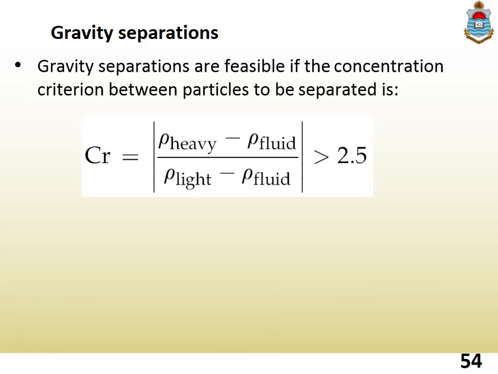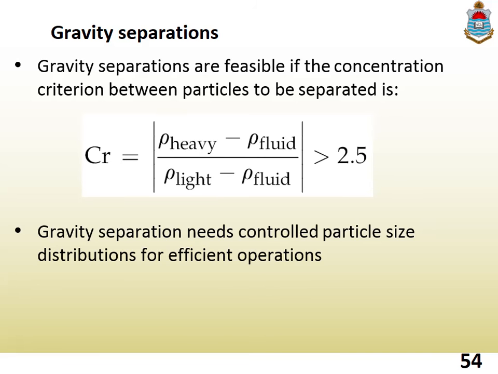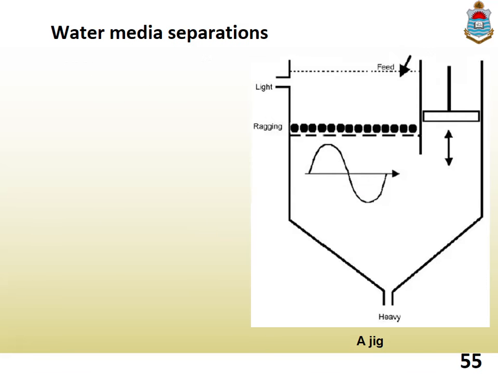For gravity separation to be successful, the concentration criteria should be met, which is this, that the difference in the density of heavy and light material and density of fluid should be greater than 2.5 according to this expression. So a very specific particle size with required density can only be treated through gravity separations.